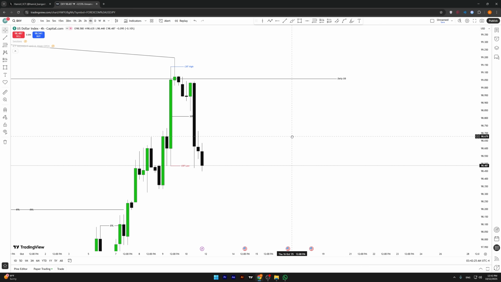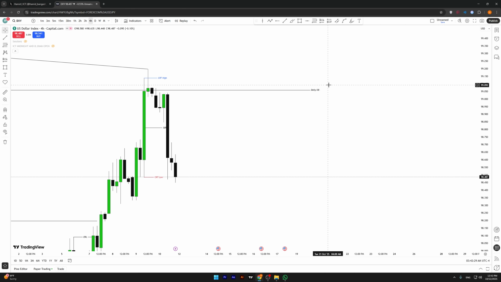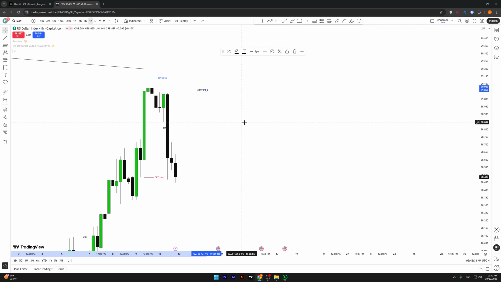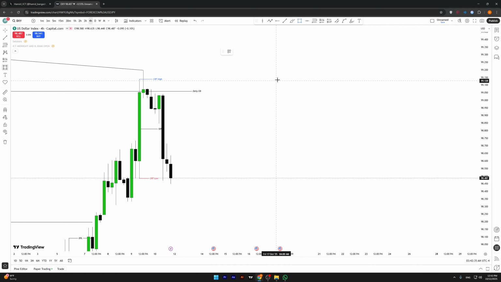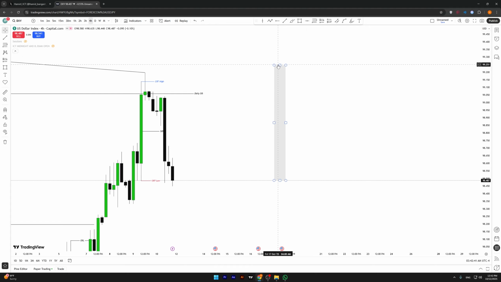Another confirmation was CRT high and CRT low. If you have ever studied CRT, candle range theory, basically CRT traders believe that every candle is a range and there is liquidity above the candle high and candle low.